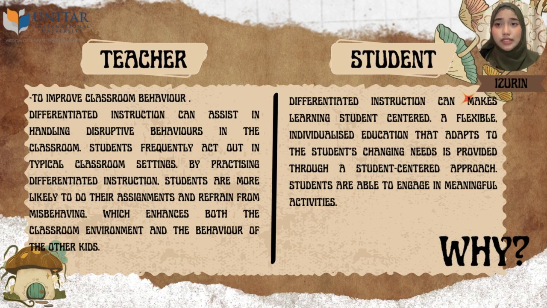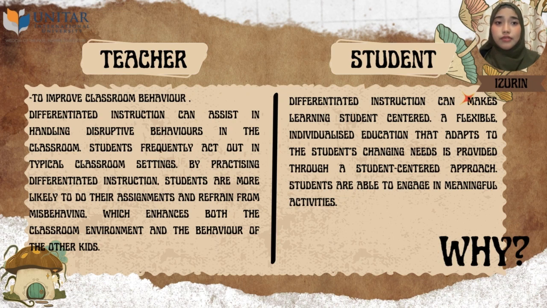By practicing differentiated instruction, students can choose assignments that are appropriate for their level of proficiency or skills and finish work that fits their learning styles. Because of this, they are more likely to do their assignment and refrain from misbehaving, which enhances both the classroom environment and the behavior of the other kids.